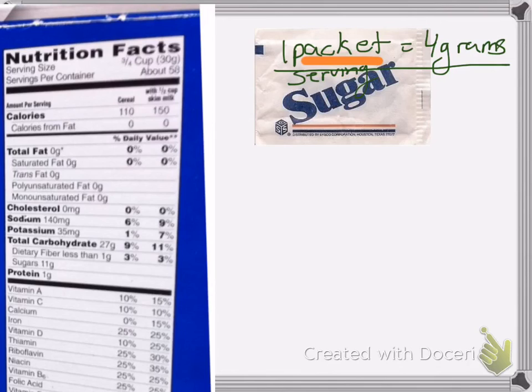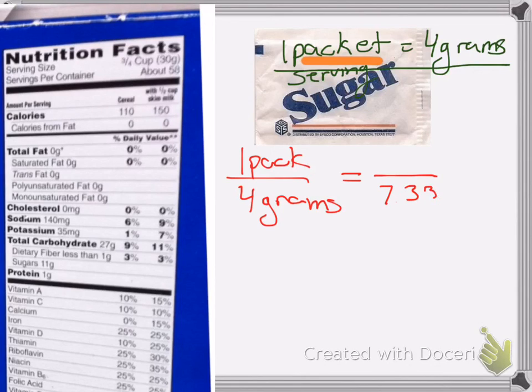Now, this is where our proportion comes in. Like we just said, one packet or one serving equals 4 grams. I'm going to let that be my first ratio in my proportion: one packet of sugar equals 4 grams. And in our previous problem, in our 20-gram serving of cereal, we knew there were 7.33 grams of sugar. What we're trying to solve for is how many packets of sugar, so I'm going to call that X packets.